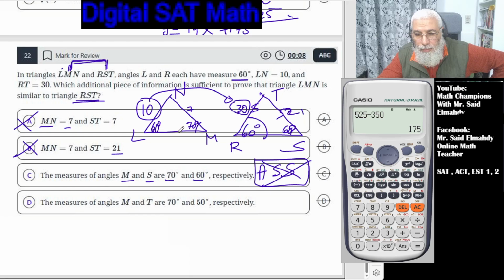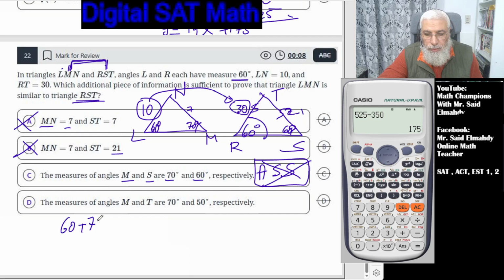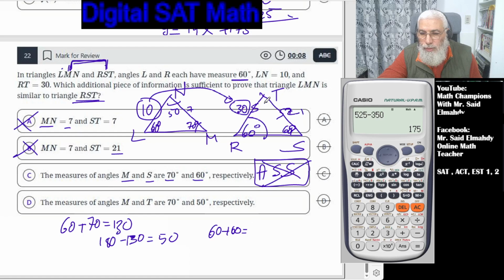If M is 70 plus 60, this is 130. So the third angle is 180 minus 130, which is 50. This should be 50. And this is 60 plus 60, 120, so this would be 60. So this is not correct.